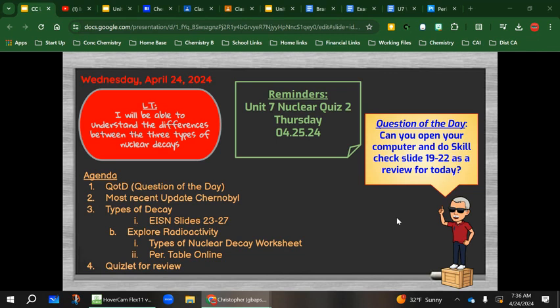And then today we're going to talk about the 3 different types of nuclear decays. We're actually going to get into talking about them. And then I have a little activity here where you're going to find one example of alpha decay, beta decay, and then an example of a stable isotope. So that's the plan for today. Questions?